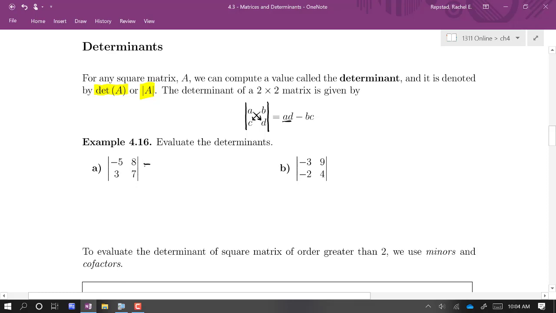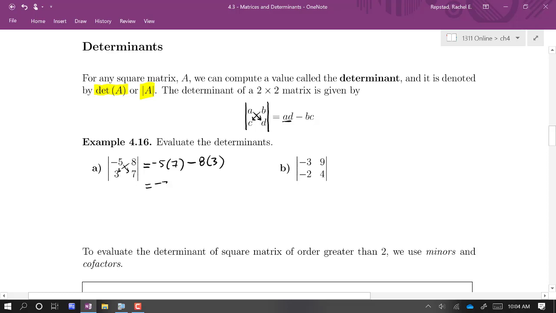In these first two examples, let's see, this part A, we want the determinant of the matrix, negative 5, 8, 3, 7. So I'm going to multiply this way, negative 5 times 7 minus 8 times 3.